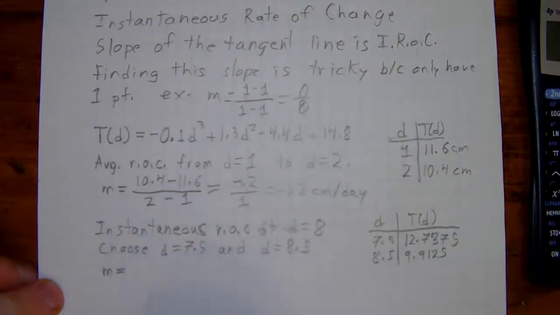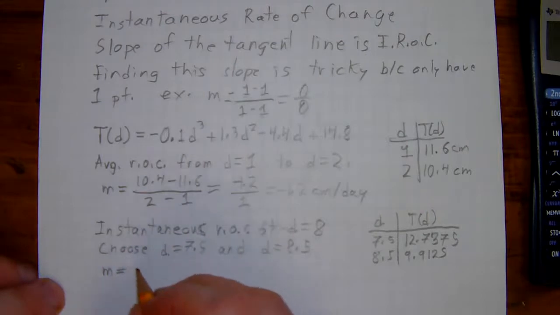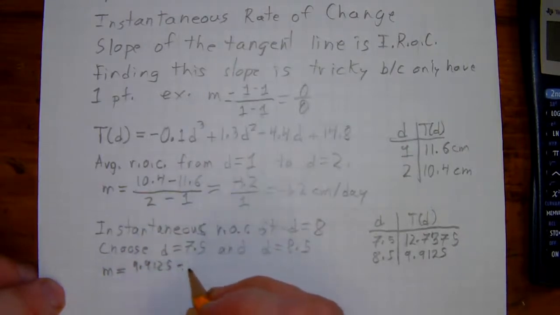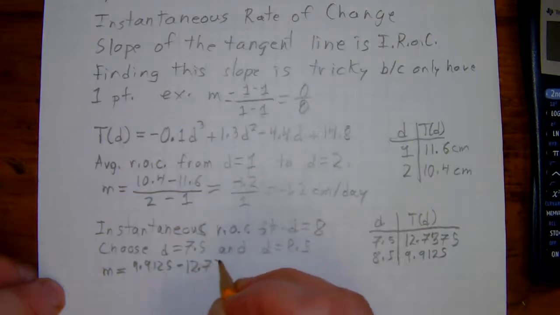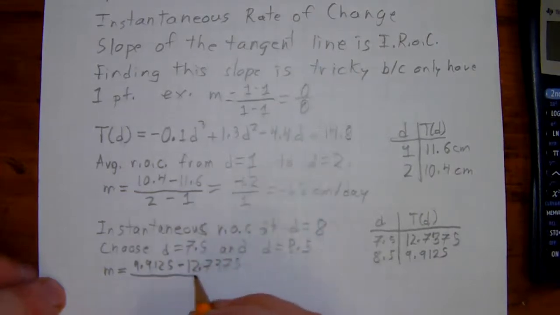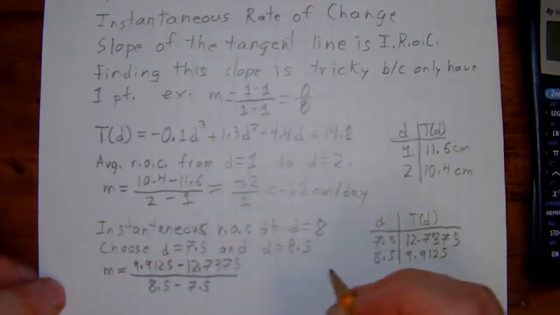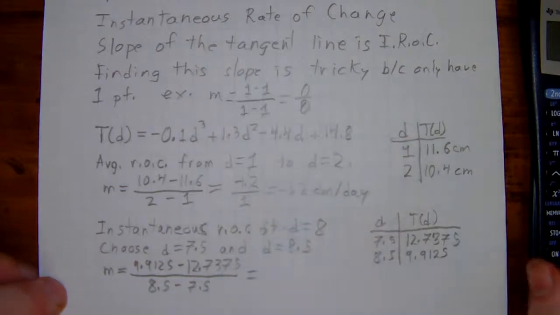Okay, so now I can just do the rate of change calculation. Y2 is 9.9125 minus Y1 is 12.7375 over X2 is 8.5 minus X1 is 7.5.